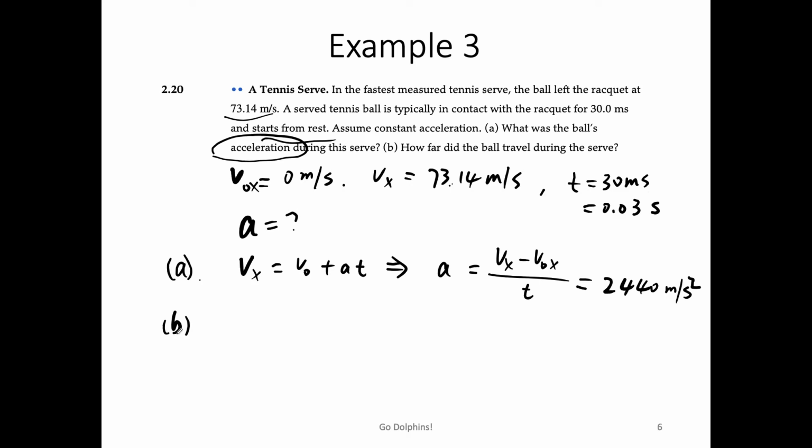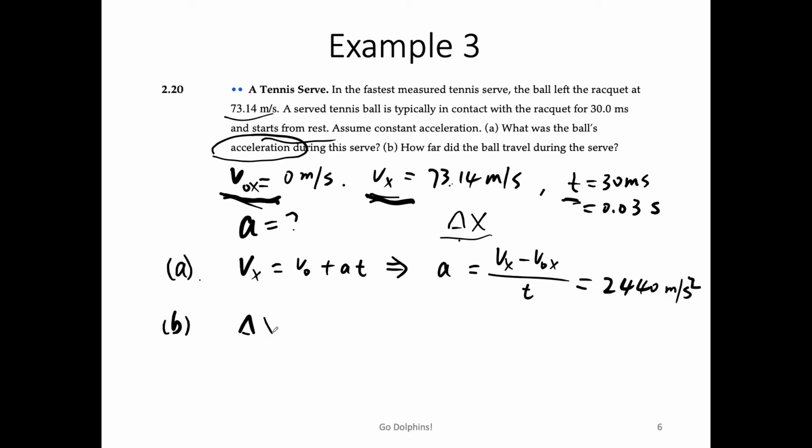Okay, B. How far did the ball travel during the serve? It asks us for displacement basically. So we want to find an equation that has these four variables. If you check those five equations, you'll find the second one has these four variables, right?